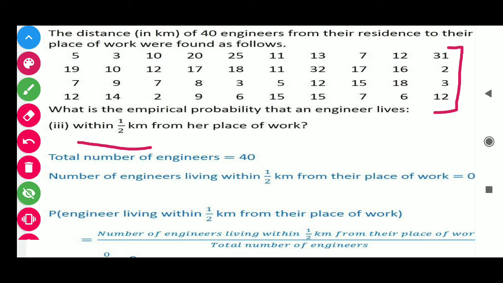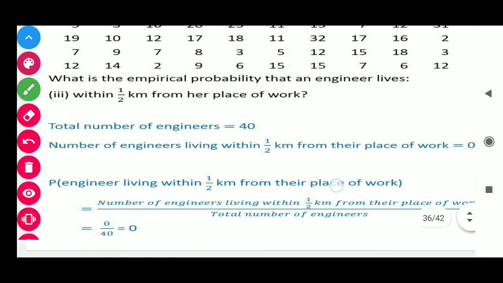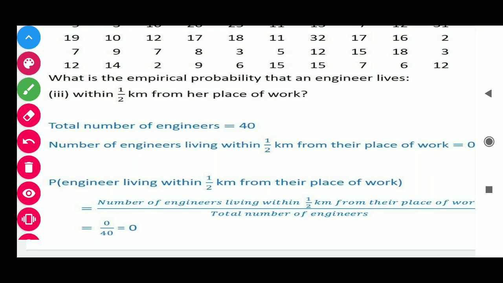So total number of engineers are the same 40, but number of engineers living within 1/2 kilometer from the place of work is equal to 0. So students, in this way its probability is 0. And students, you also know that if probability comes as 0, that means that event is an impossible event.